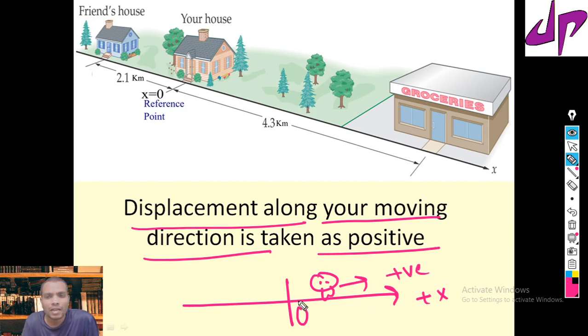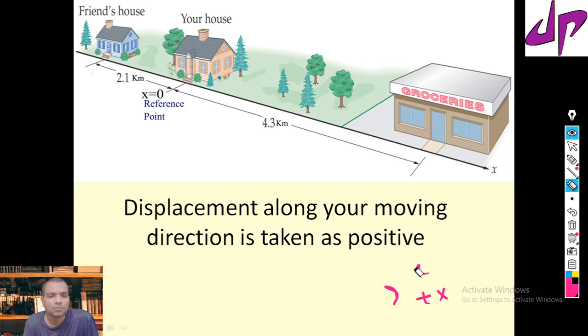And when I come back, moving in this direction, we take the displacement from the initial to the final. Since displacement is direction sensitive, we won't get any trouble while dealing with problems. As a point to remember, the displacement along your moving direction is taken as positive.